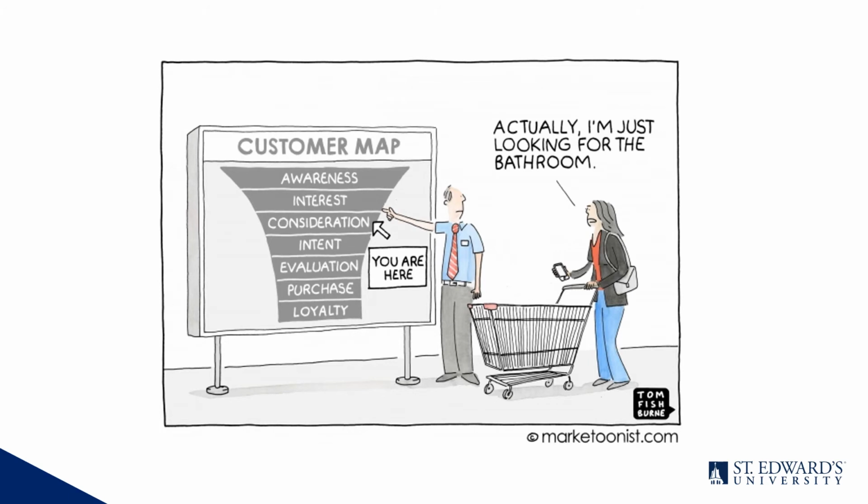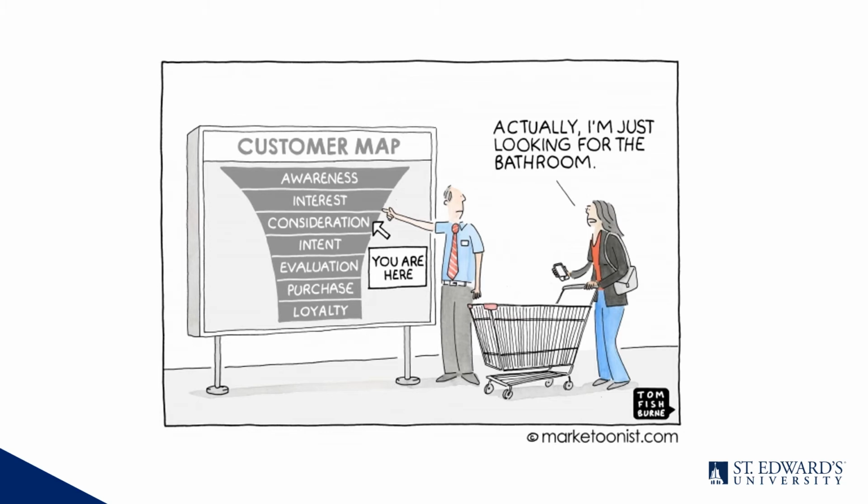Just an example here. Here's a customer map, and this again is that funnel. Looking at that customer map, it's all about creating awareness, interest, the consideration for the buyer or customer, the intent, they evaluate the product, then they make their purchase decision and loyalty. So let's say you're at this customer map, this gentleman's just saying, you are here, and she's just saying, actually, I'm just looking for the bathroom.